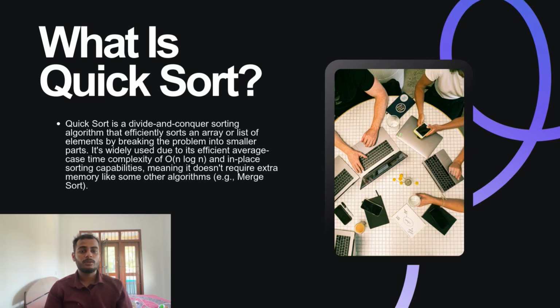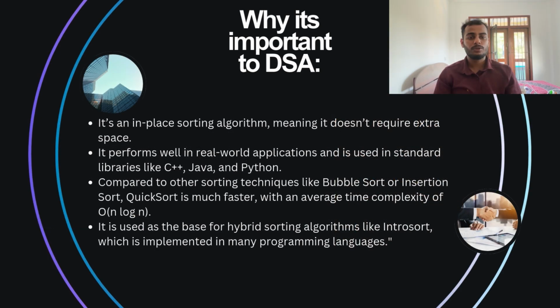So let's talk about why quicksort is important in DSA. Sorting is one of the fundamental problems in computer science, and quicksort is a crucial algorithm for multiple reasons. It's an in-place sorting algorithm, meaning it doesn't require extra space. It performs well in real-world applications and is used in standard libraries like C++, Java and Python.